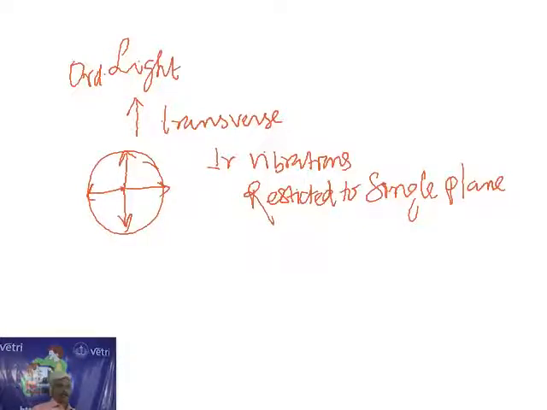So, unpolarized light also has perpendicular vibration, polarized light also has perpendicular vibration. You should not confuse yourself. Both are perpendicular vibration. So, here the vibrations are restricted to a single plane. In ordinary light, vibrations are not restricted. At any plane, it is perpendicular vibration. Therefore, this is the indication of polarized light.